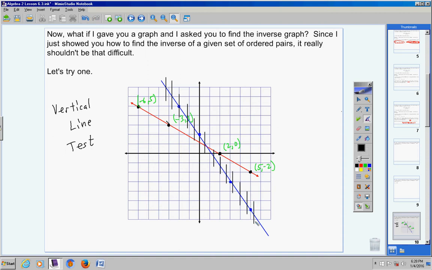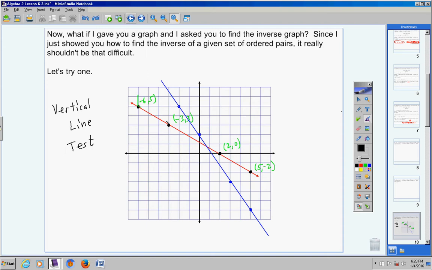If there's just one place or more where you can draw a vertical line and it intersects the blue graph in more than one place, then it's not a function. So, does this blue graph represent a function? Yes, it does, definitely, because it passed the vertical line test.